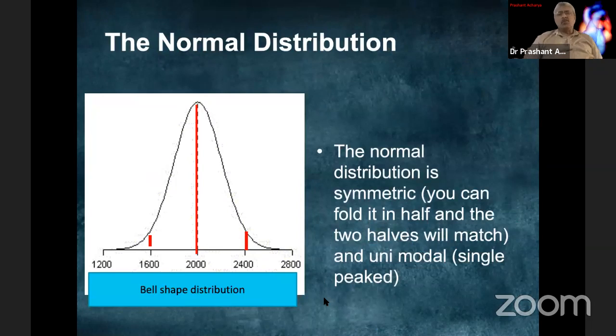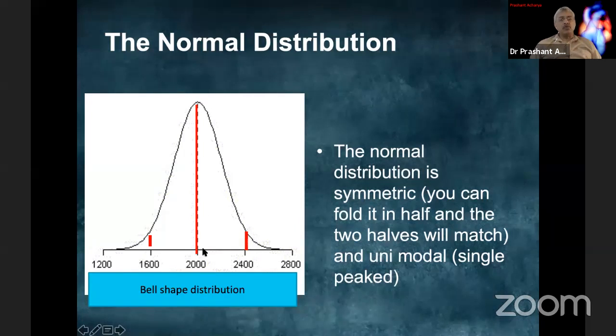Let us understand the normal distribution. The normal distribution is a symmetric kind of distribution. If you fold it like a paper from the middle and open it, it is going to give you exactly the same 2 halves, and they are going to match with each other, and it will have a unimodal peak, a single peak.